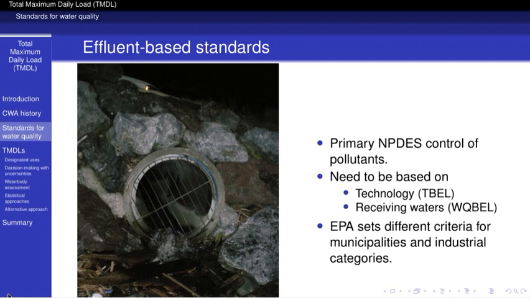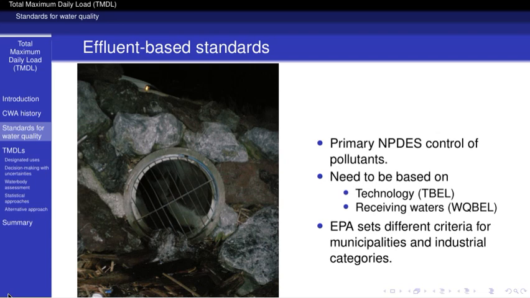Effluent limitations are the primary mechanism for controlling discharges of pollutants to receiving waters in NPDES permits. When developing effluent limits, a permit writer must consider the available technology, that is, technology-based effluent limits, or TMDLs, and what would be protective of the water quality standards of the receiving water, that is, water quality-based effluent limits, or WQBELs.